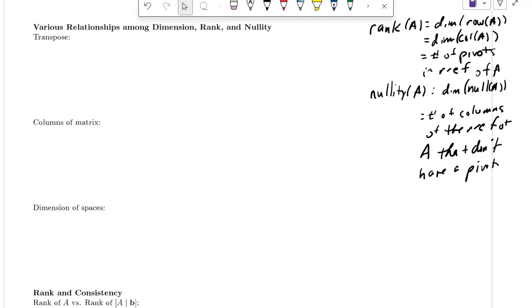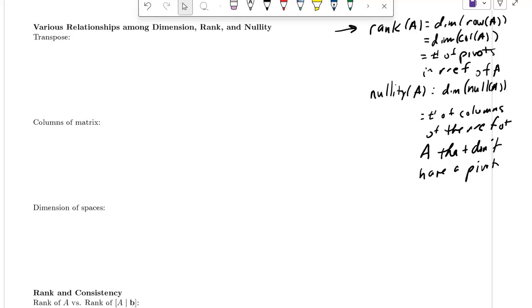So let's see how things change when you take the transpose. Well, notice that we said over here that the rank is the dimension of the row space and the dimension of the column space, both.